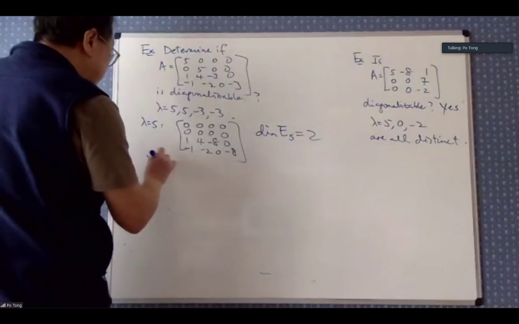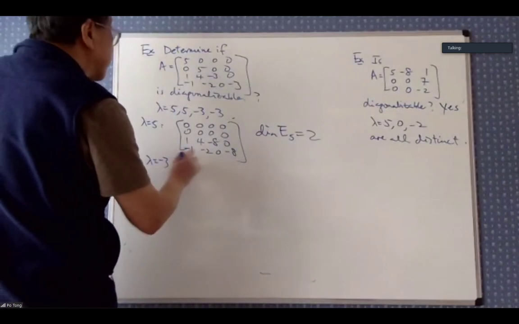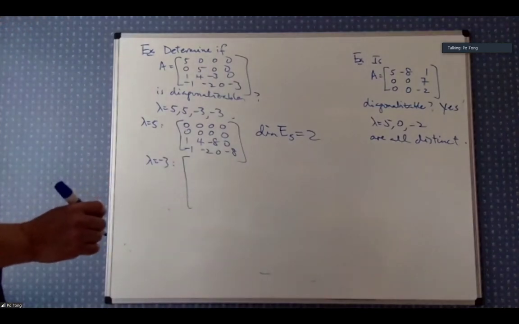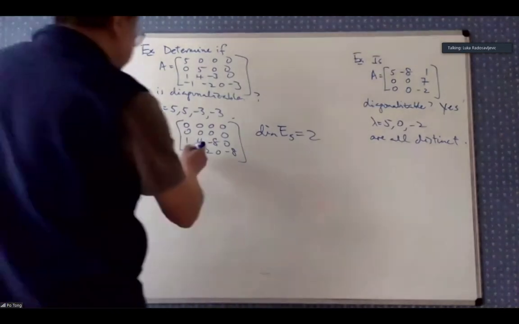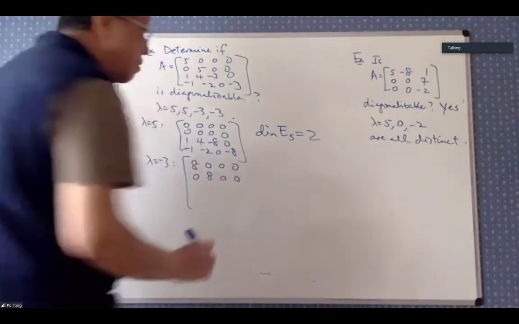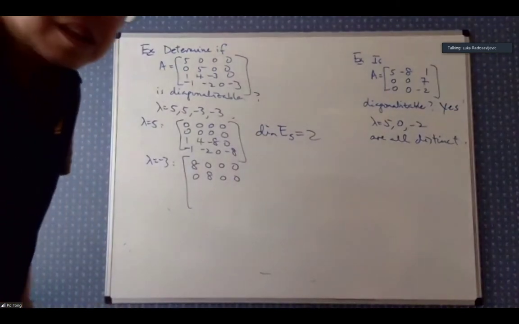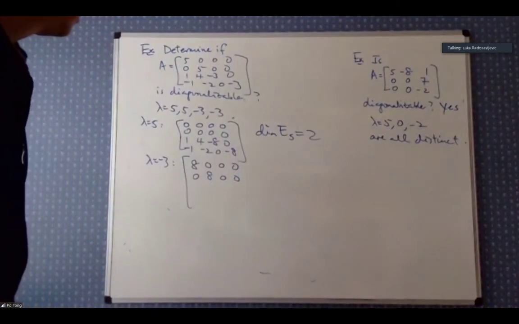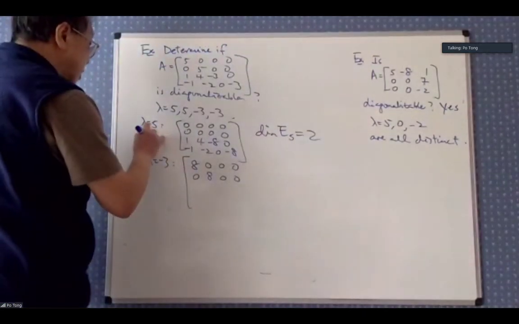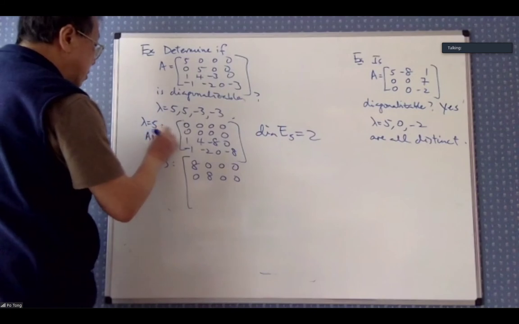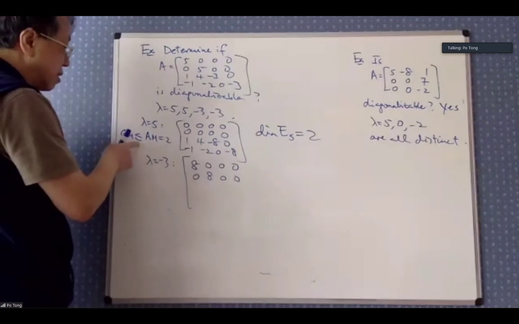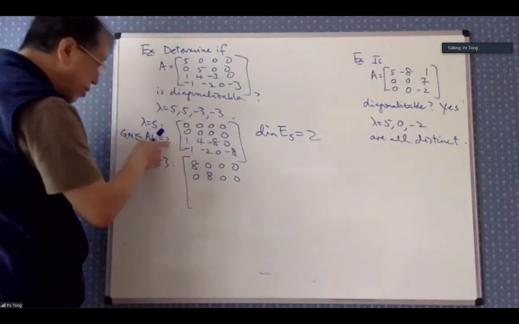How about lambda equal to -3? Explain how you know we have enough again. Why is 2 enough? Because algebraic multiplicity is equal to 2, and geometric multiplicity is always less than or equal to that. So if you get 2, then it's good enough.